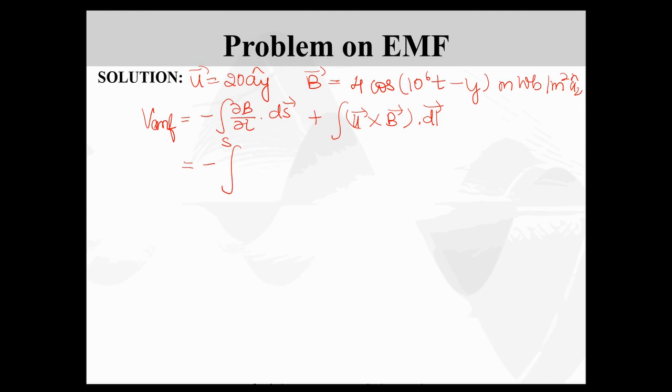So let us do that. It is 4 into 10 power minus 3 because it is milli, and we need to take the surface integration, so 4 into 10 raised to minus 3 into sine of 10 power 6 t minus y dash, let me keep this as y dash because I don't know where the conducting bar is positioned, therefore we have kept y as just y dash, which is a dummy variable, into 10 power 6 dot ds.